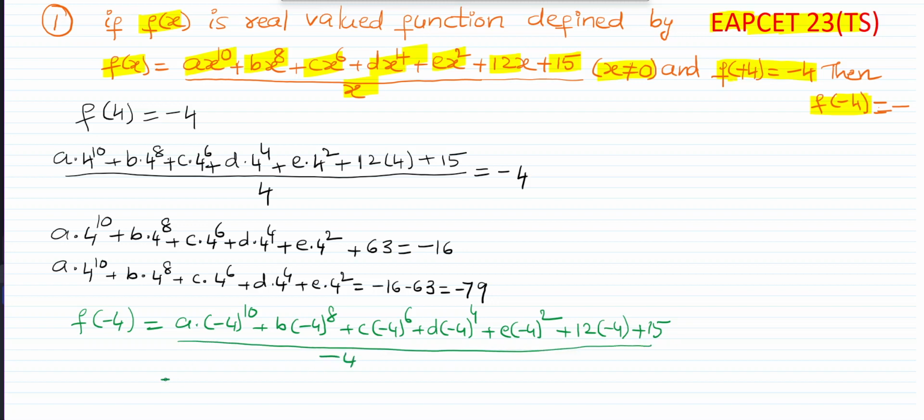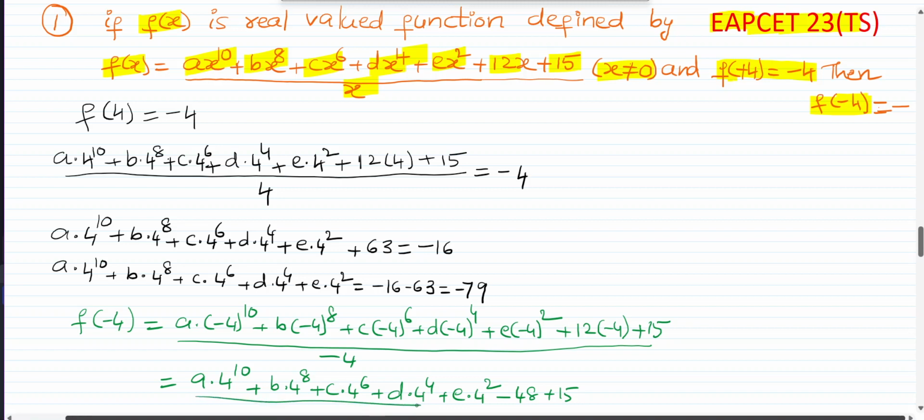That is equal to a into 4 power 10, b into 4 power 8, since the power is an even number, minus is positive, plus c into 4 power 6 plus d into 4 power 4 plus e into 4 square, plus 12 into minus 4, this is minus 48, plus 15, by minus 4.